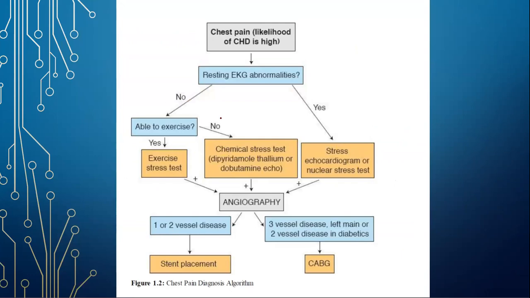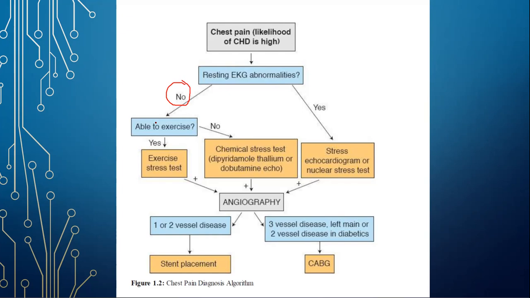Now look at this chart, very important, and it will give you the whole idea of management of this sort of patient. You have a patient with chest pain, a high risk chest pain patient. You do the resting ECG, that means when the patient is resting, and that ECG was normal. If the resting ECG is normal, then you think about doing an exercise tolerance test.